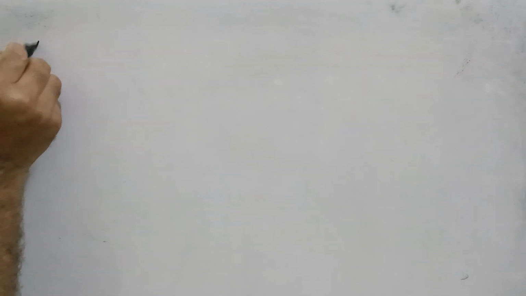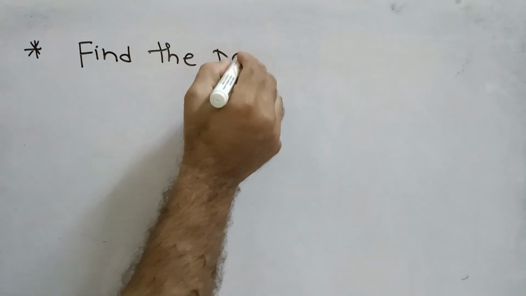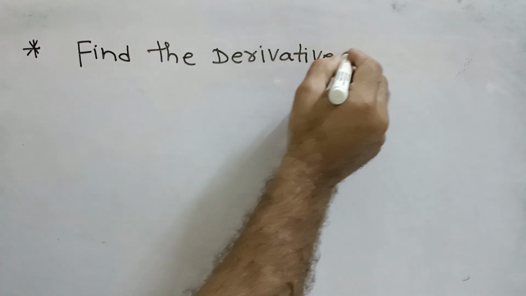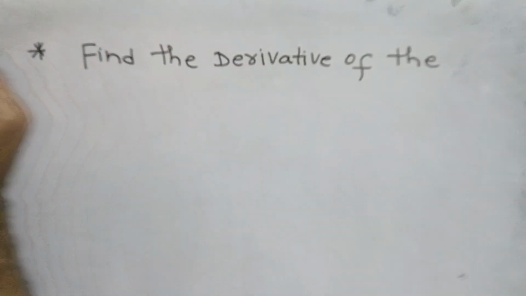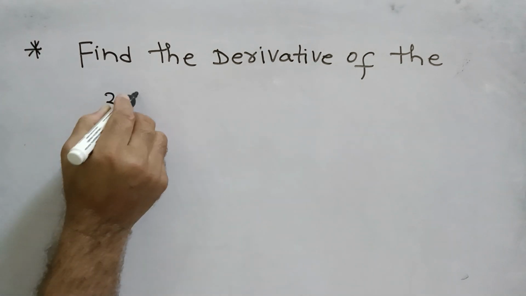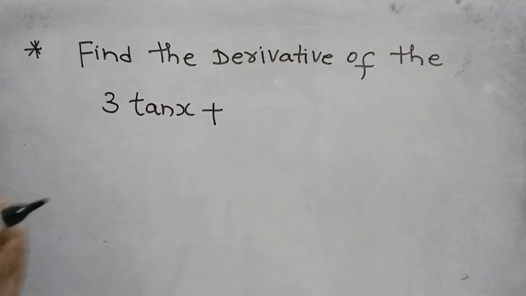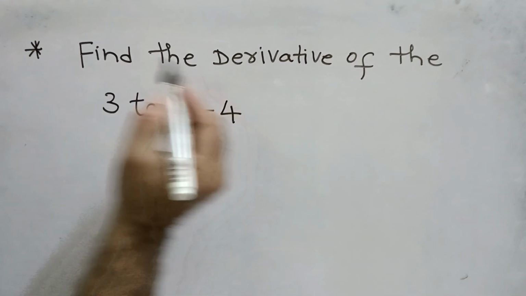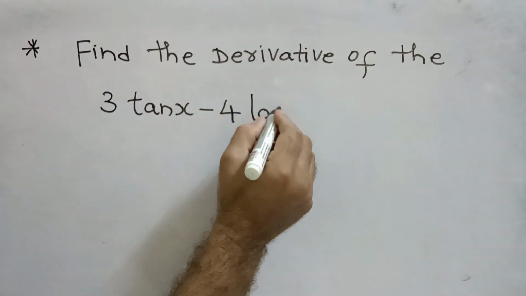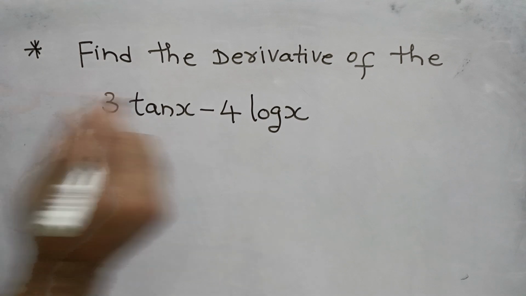Find the derivative of 3 into tan x, minus 4 into log x, and then minus 7x square.